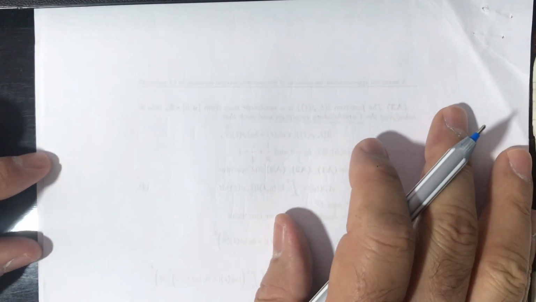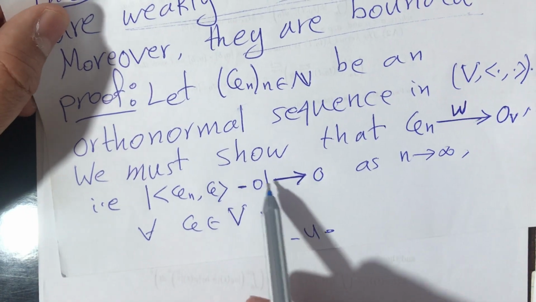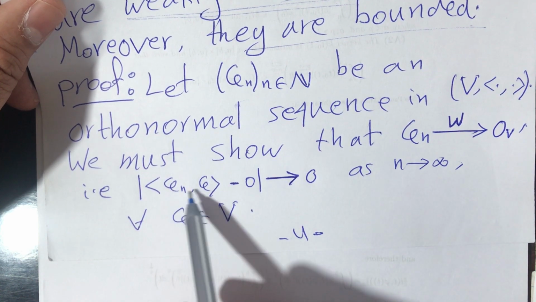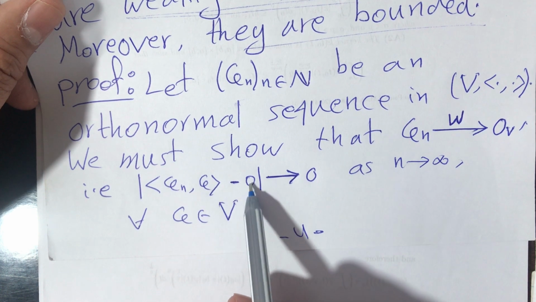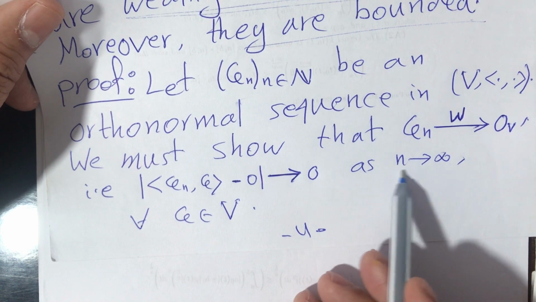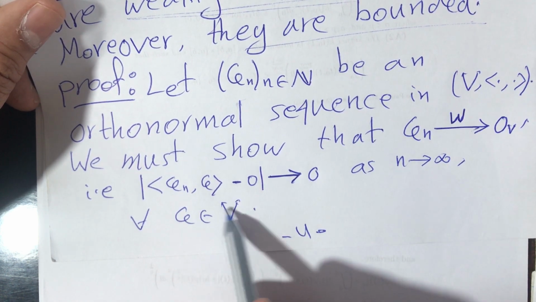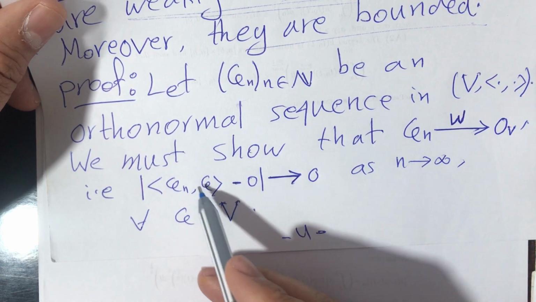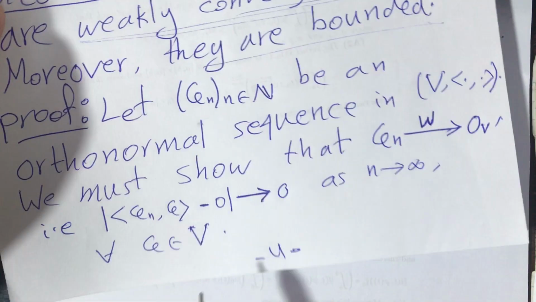Now we have to prove this: the absolute value of the inner product of phi n and phi minus 0 converges to 0 as n goes to infinity for any phi belonging to V. If we prove this, that means phi n is weakly convergent to 0.